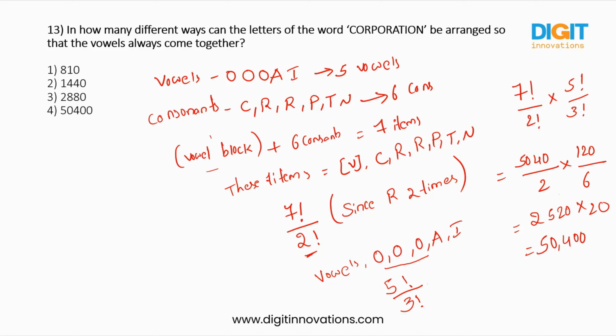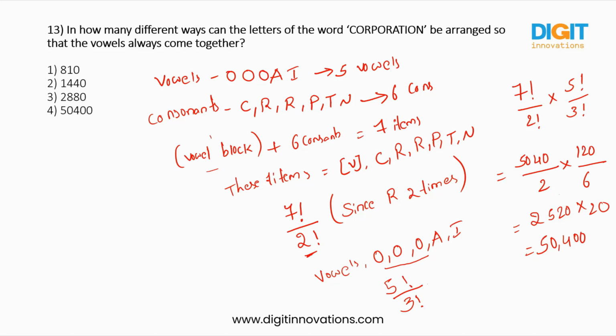Okay, so first I took out the vowels, 5 vowels are there. After that I wrote the consonants, 6 consonants are there, and I took vowels as a single block and 6 consonants. Total 7 items are there. So totally I counted it as 7 factorial by 2 factorial. 2 factorial is because R is being repeated 2 times.